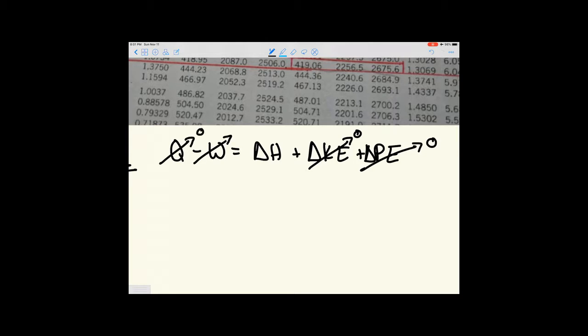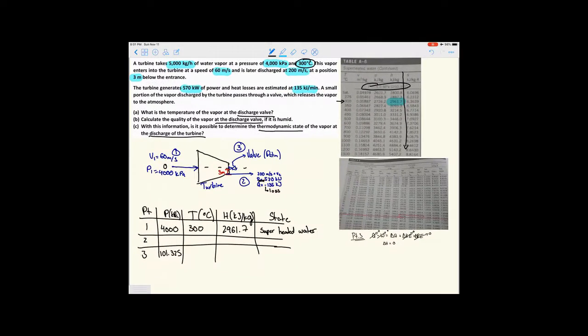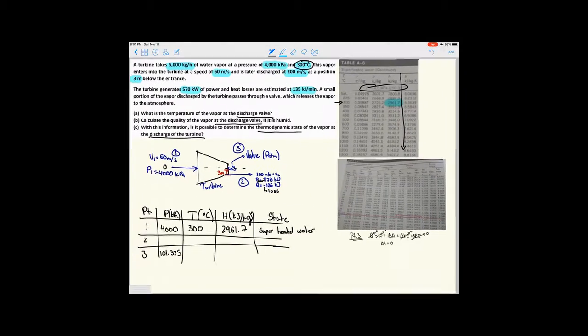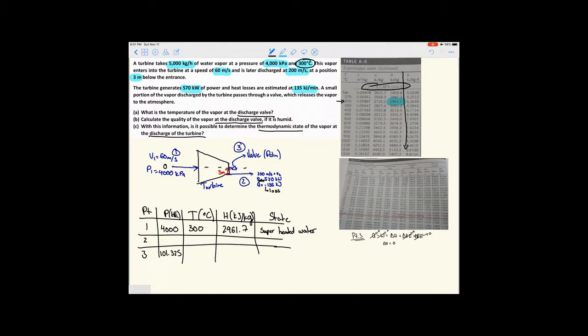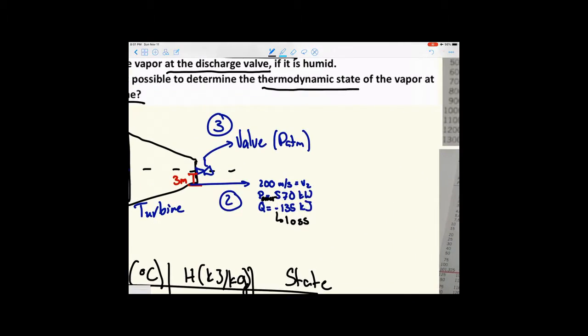This leaves us with a change of enthalpy at the valve equaling 0, which translates to a change between the enthalpy of the discharge and the enthalpy at the valve.